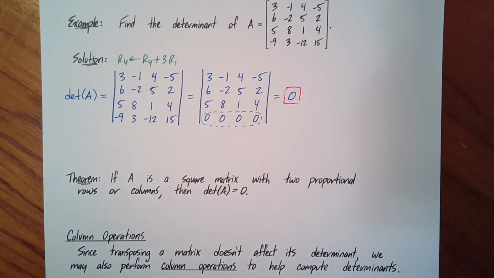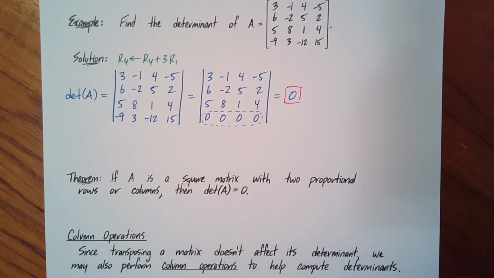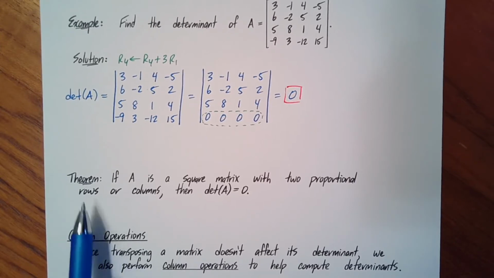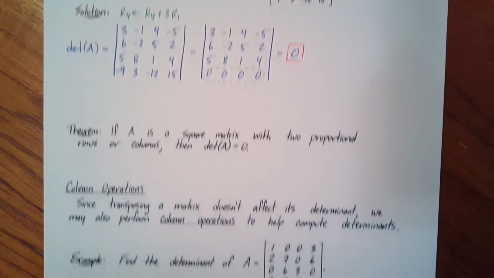So its transpose will have a 0 determinant. But since transposing doesn't affect determinants, that means the original matrix is also going to have 0 as its determinant. So that's why. But the important part is to remember that fact. If you have a square matrix that has 2 proportional rows or columns, it's going to have 0 for a determinant. So that's another opportunity to save some time.